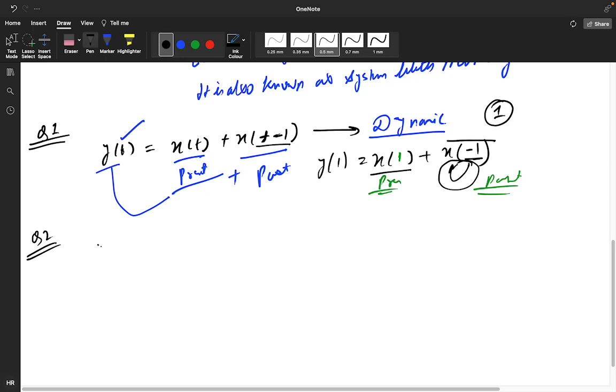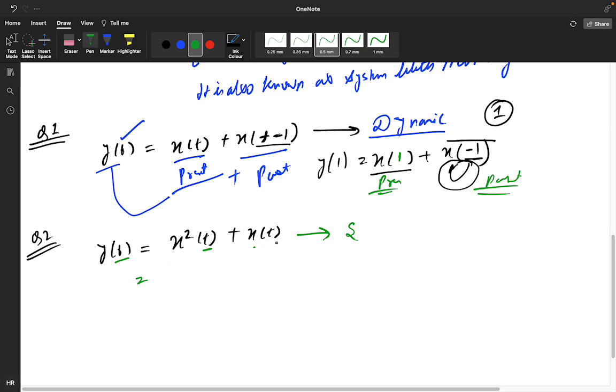Now y of t is equal to x square of t plus x of t. Static or dynamic? Tell me. Dynamic, sir? No, it's static. Put the value 1, it depends on t only.